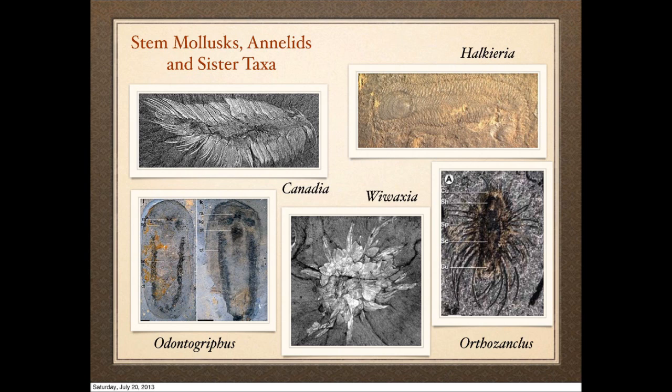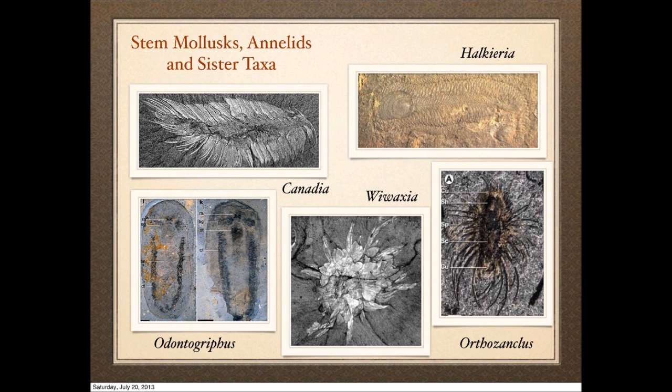It has a radula, a rasping feeding structure that's one of the characteristic defining characteristics of mollusks. At the top, you have, a little later in the Cambrian, one of the early annelid worms, polychaete annelid worms, which have these characteristic chaetae, chitinous structures covering their bodies.